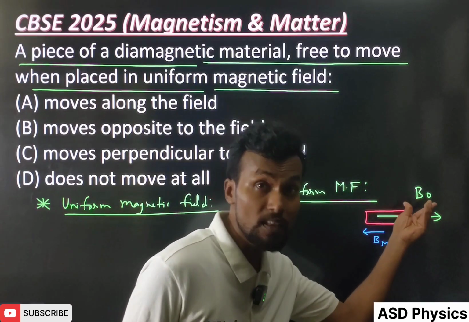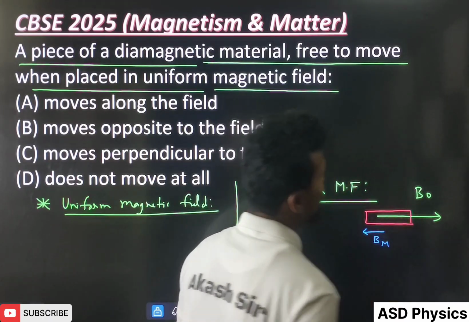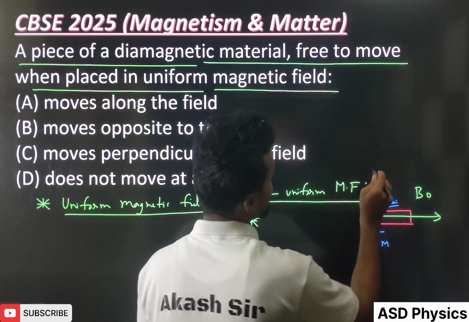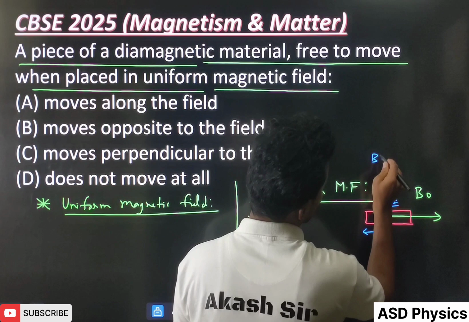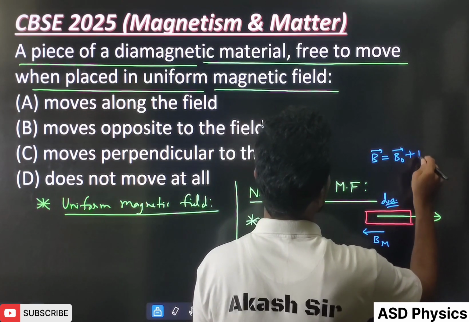This is the external magnetic field, and this is the magnetic field coming because of this diamagnetic material. So the resultant magnetic field, vector B equal to B naught plus Bm.